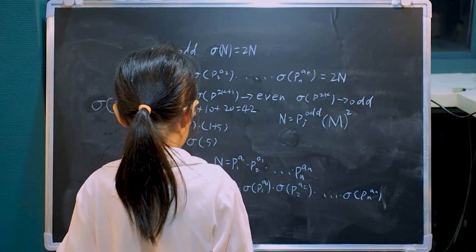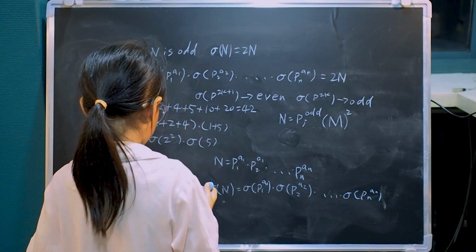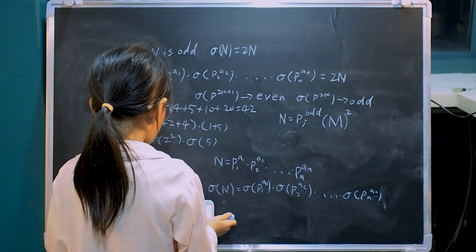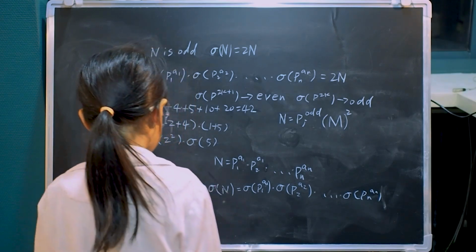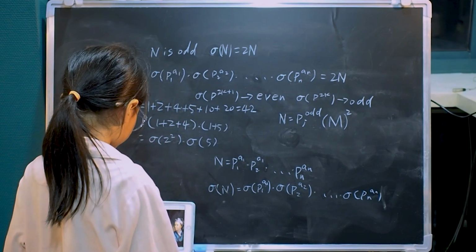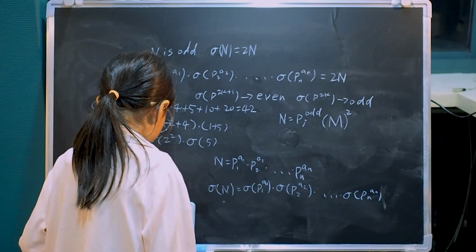And actually, Euler found three things. The first thing, Euler discovered the eighth perfect number.